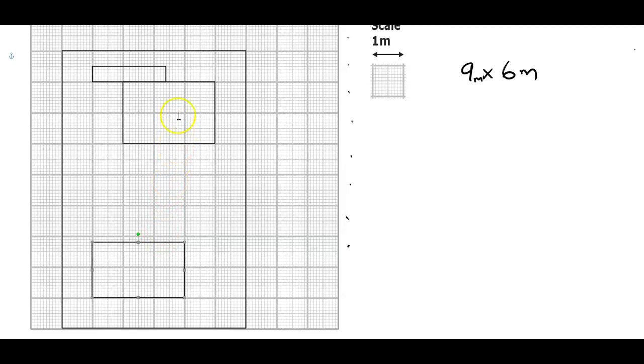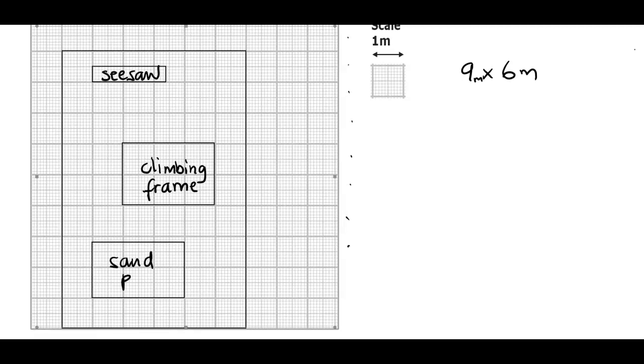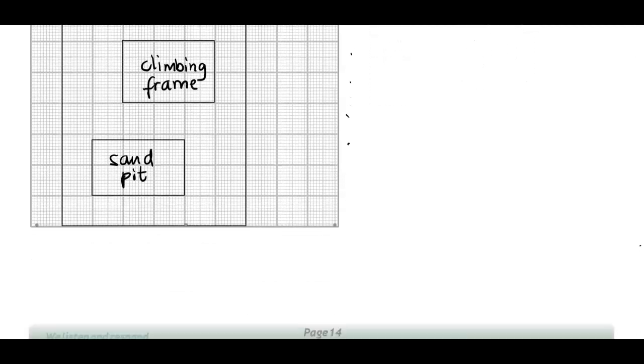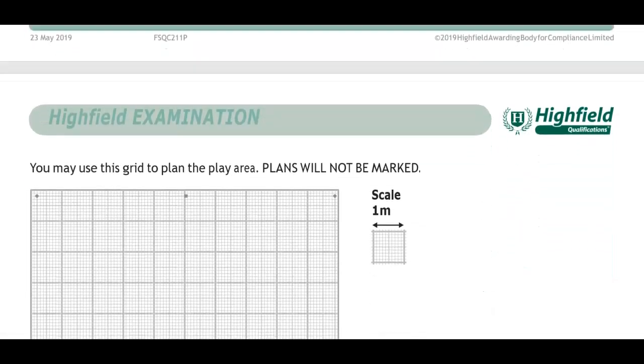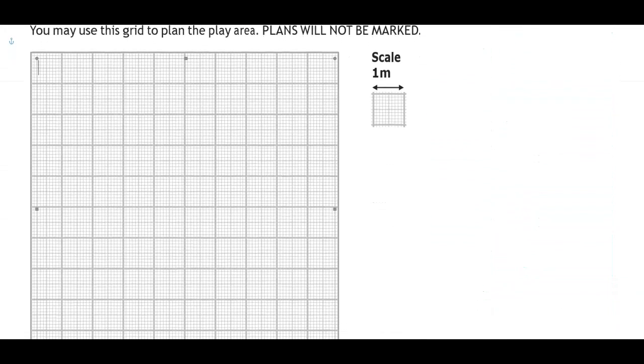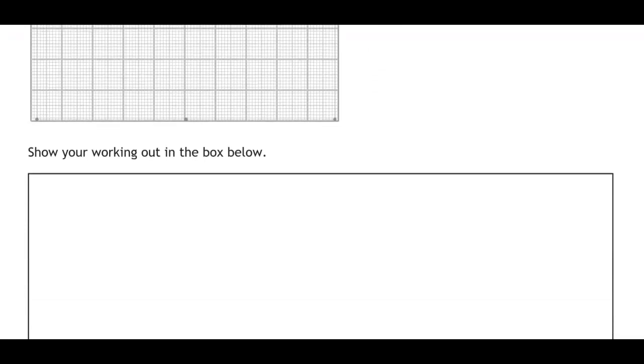I'm going to put this one here. And there should now be at least 1 meter clearance. We're going to label these. This was for any planning that you might need to do before you do the final answer above.